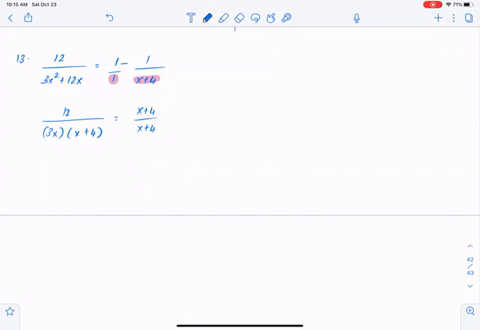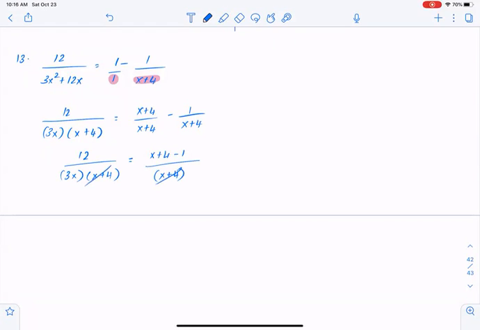The common denominator on the right-hand side is x plus 4. Minus 1 over x plus 4. So we will have 12 divided by 3x times x plus 4 equals, combine the numerators, x plus 4 minus 1 divided by x plus 4.